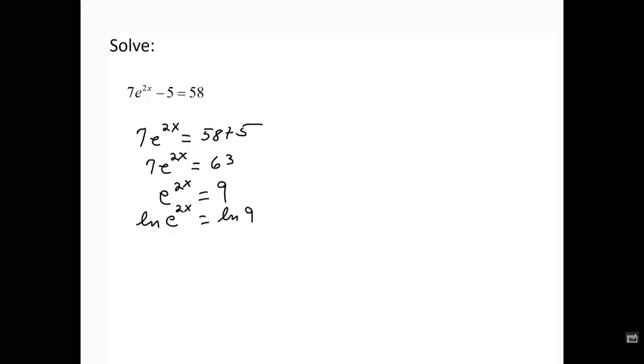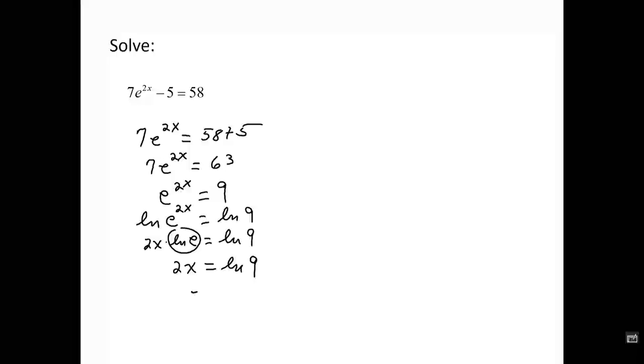So what do we have? We have 2x multiplying by the exponent: 2x times the natural log of e is equal to the natural log of 9. The natural log of e is 1, so we have 2x times 1, which is 2x, equal to the natural log of 9.